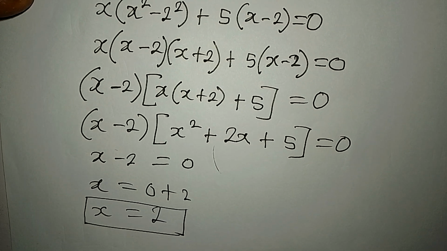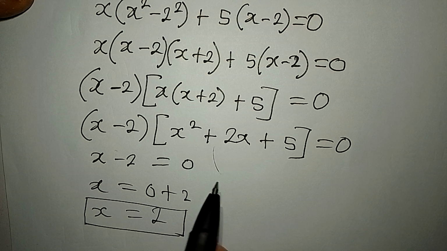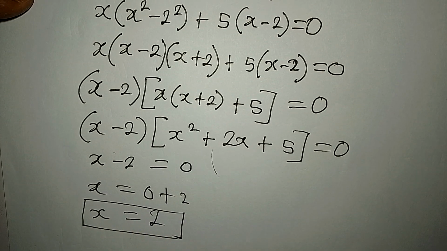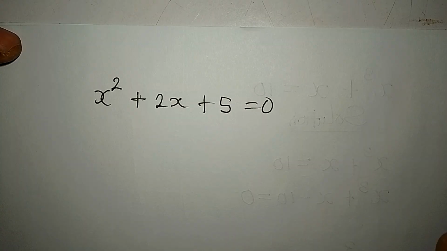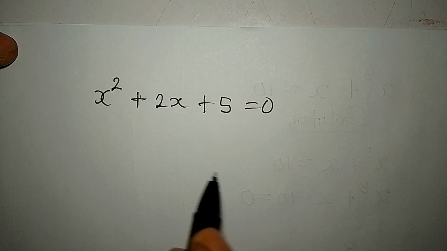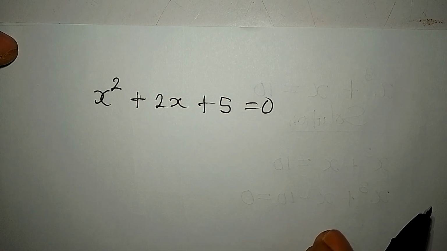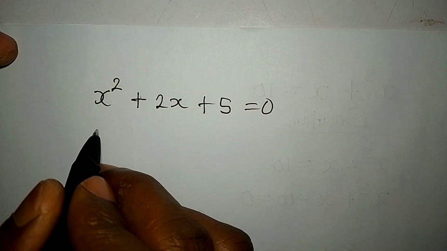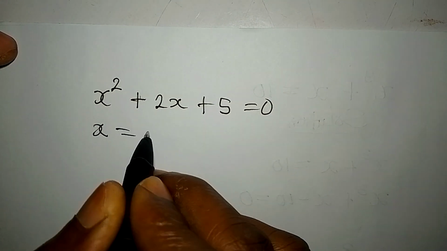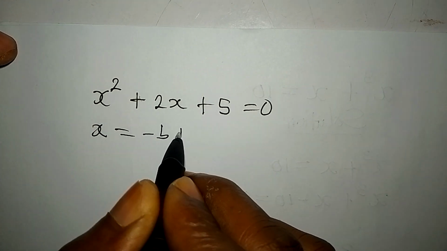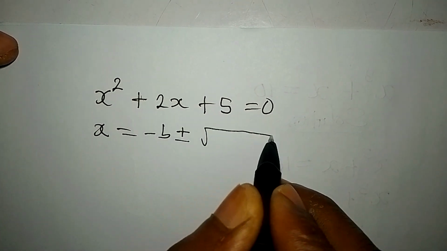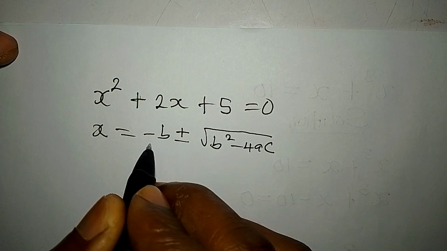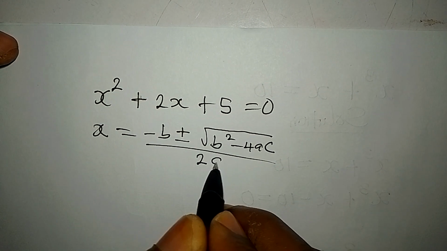Now, let's get the next two solutions from this quadratic expression. From what we have here, we are having a quadratic equation, and we will use the formula to solve this. x is equal to minus b plus or minus square root of b squared minus 4ac, everything over 2a.